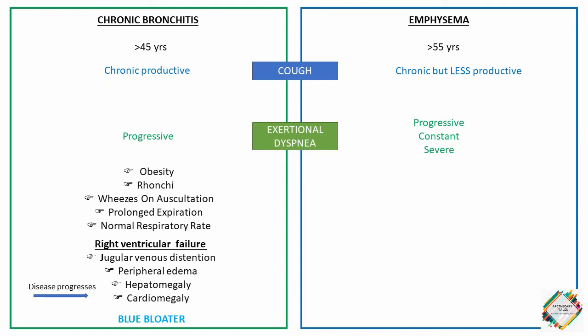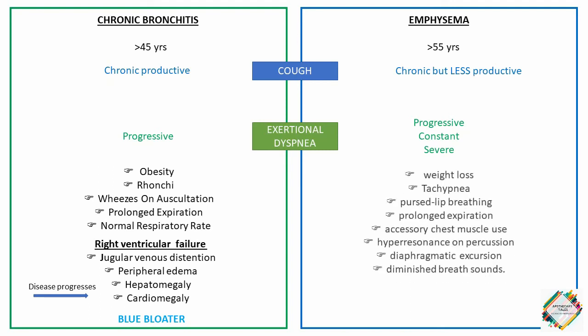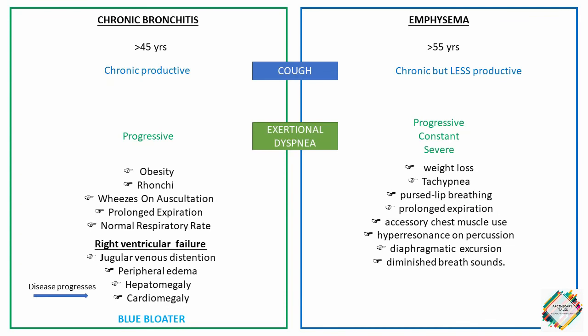The other findings in case of emphysema include weight loss, tachypnea, pursed lip breathing, prolonged expiration, accessory chest muscle use, hyperresonance on percussion, diaphragmatic exertion, and diminished breath sounds. Because the patients are able to maintain reasonably good oxygenation because of their tachypnea, the term pink puffer is sometimes used to describe the patients with emphysema.